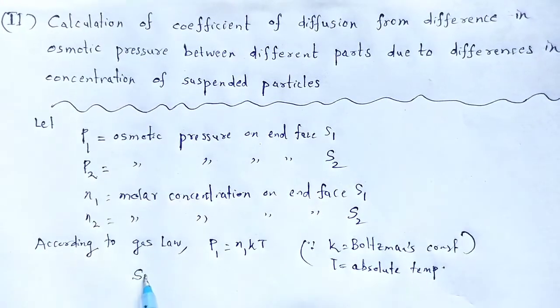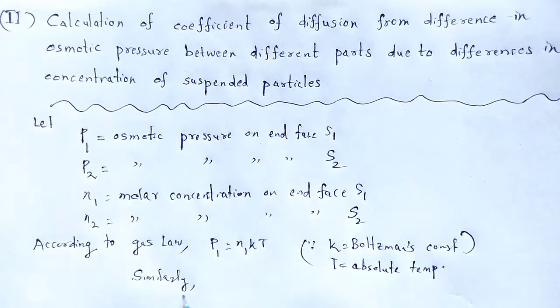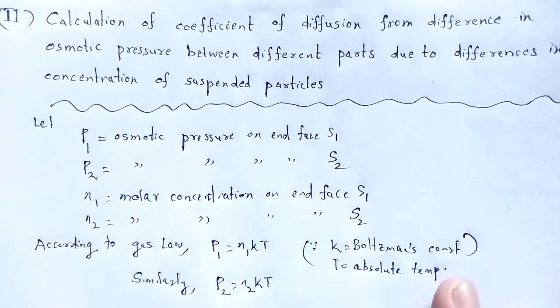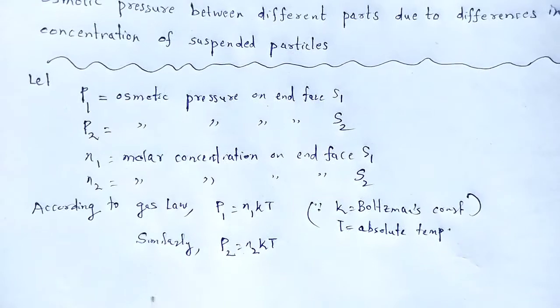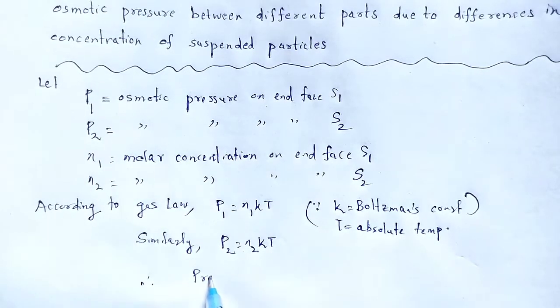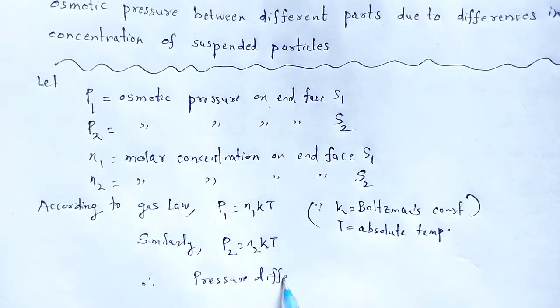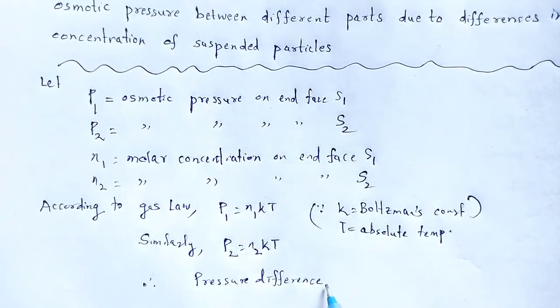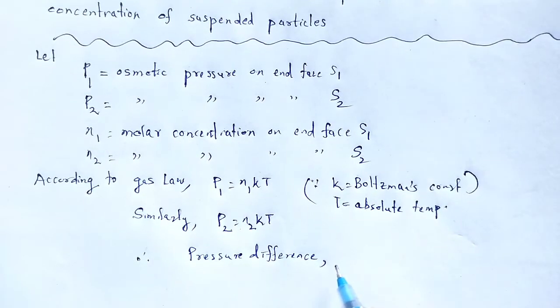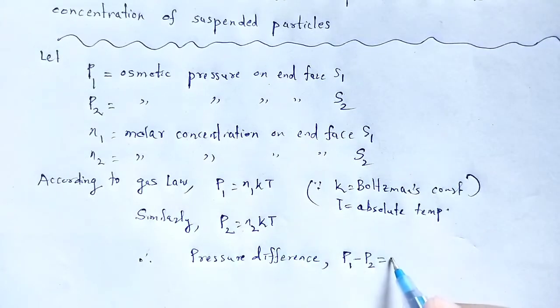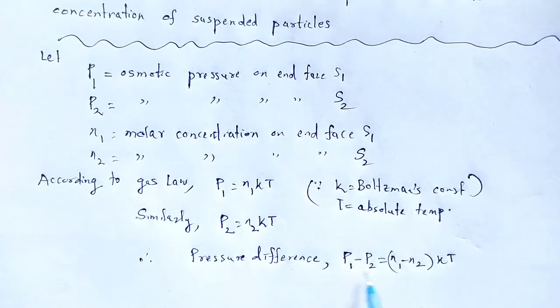Similarly, P2 is N2 kT. Therefore, the pressure difference P1 minus P2 is equal to (N1 minus N2) kT.